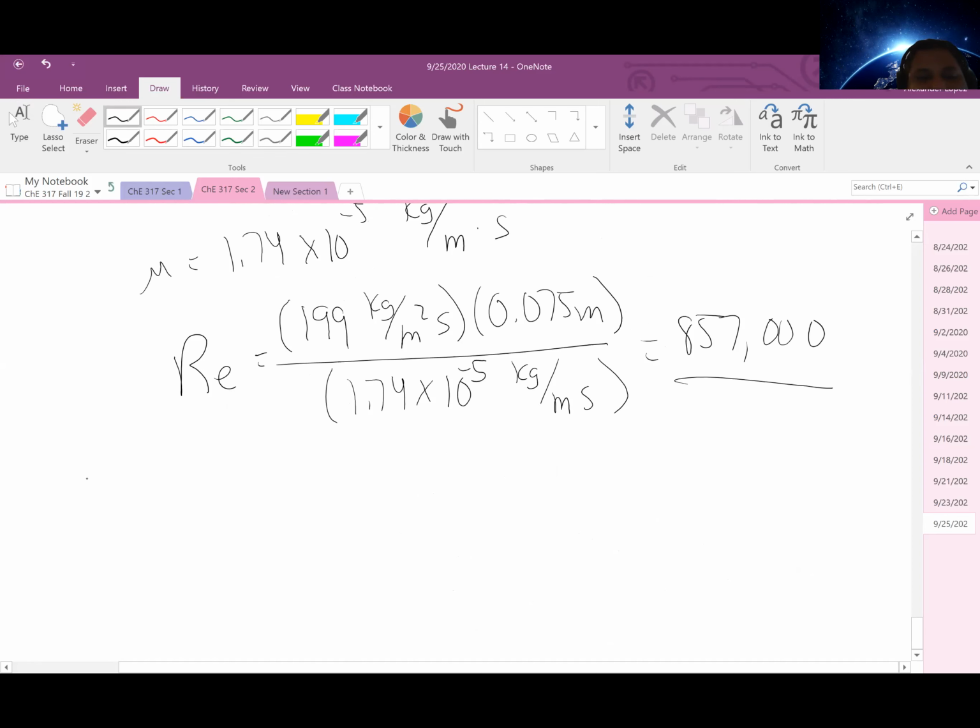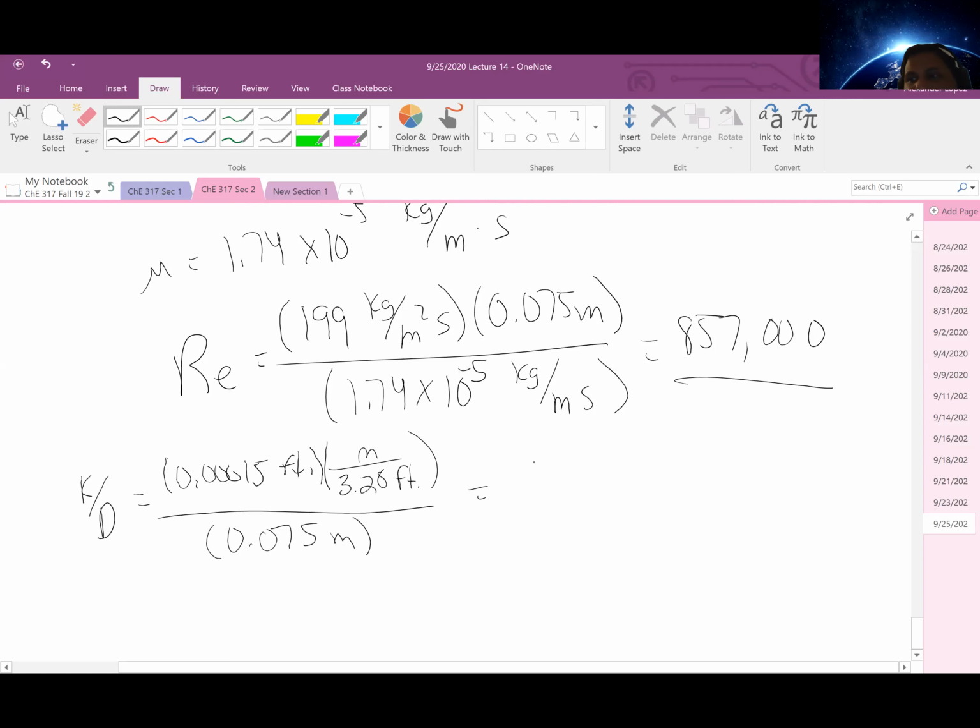With that in mind, we can look for our relative roughness. It's a steel pipe, so it's 0.00015 feet divided by 3.28 feet per meter divided by 0.075 meters. And we end up with a relative roughness value of approximately 0.0006.